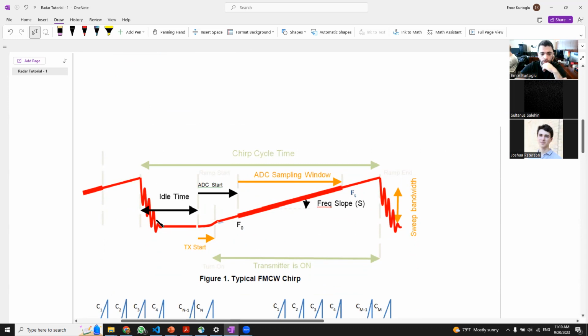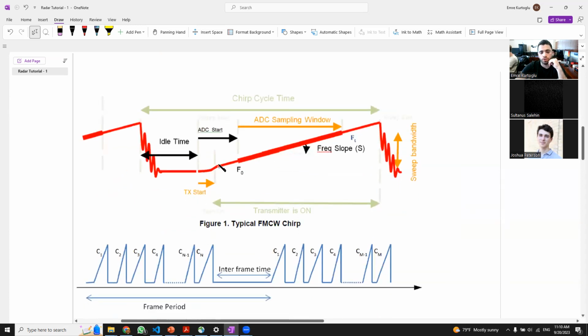There's some time that we need to allocate for the radar to reduce its frequency, and we allocate this time as the idle time, where we allow the radar's center frequency to go back to its original starting frequency.